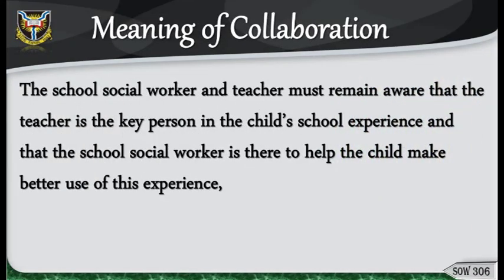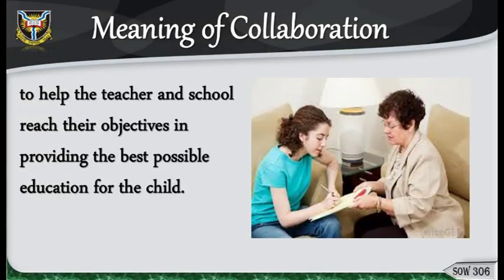Throughout this whole process of working together, the school social worker and teacher must remain aware that the teacher is the key person in the child's school experience and that the school social worker is there to help the child make better use of this experience, to help the teacher and school reach their objectives in providing the best possible education for the child.